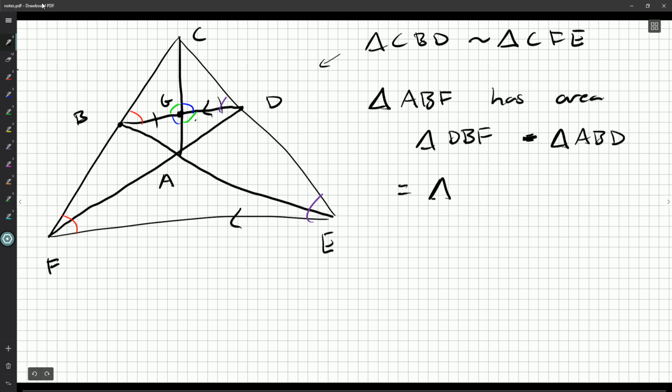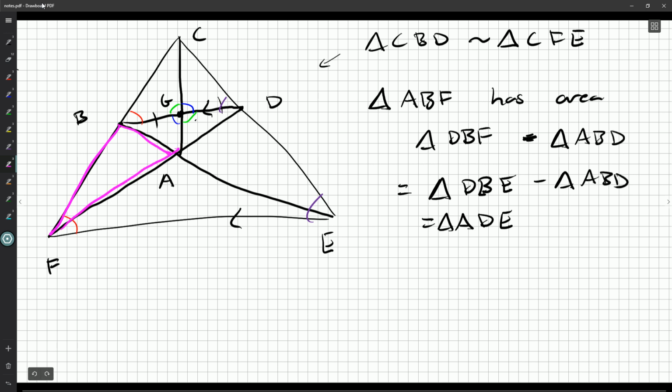But that's the same as, because we know that DBE has the same area, and it's also got ABD in it, so it's got the same area as this triangle over here, ADE. So that's kind of nifty.